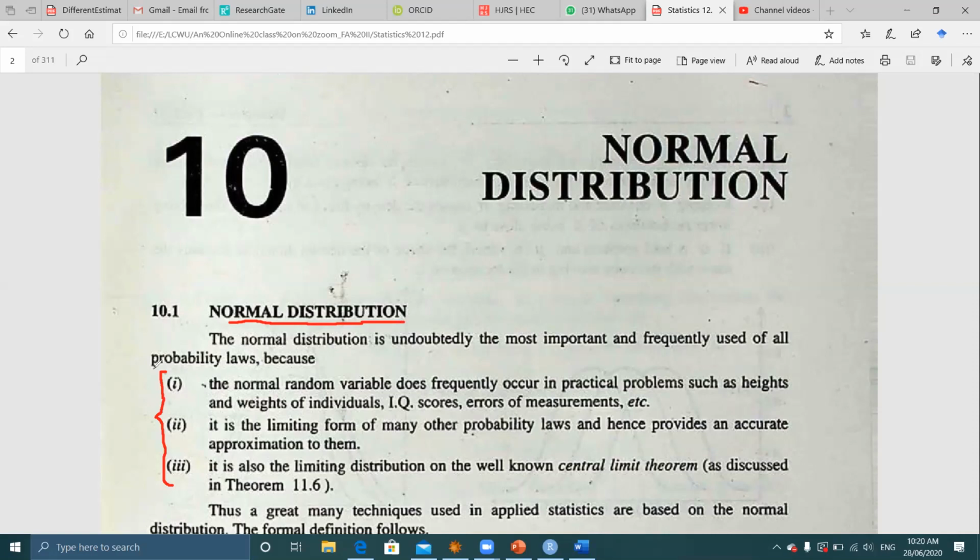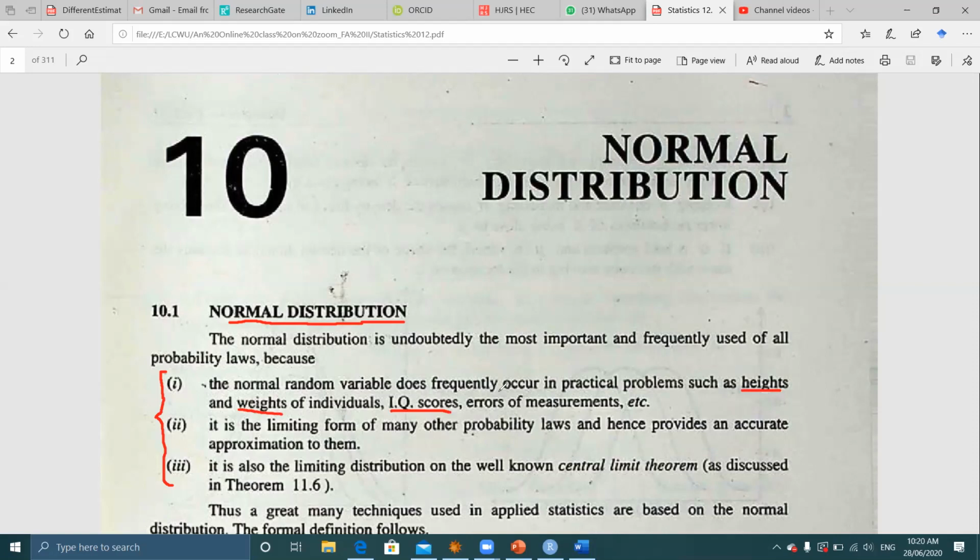For example, weights of the individuals, heights of the individuals, IQ scores, time, volume, distance, temperature, all are variables of continuous type.